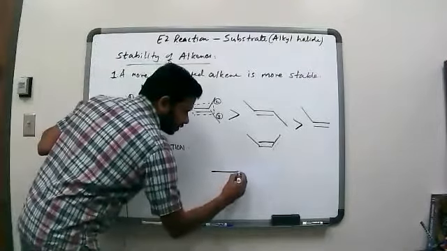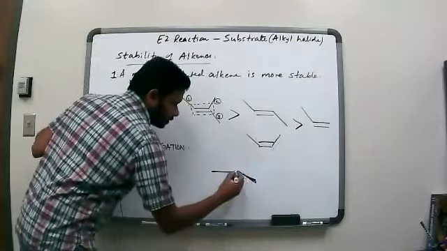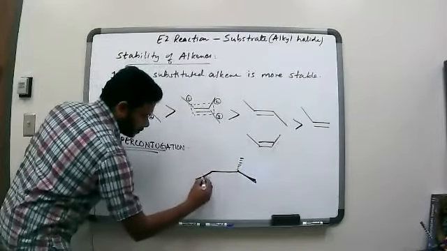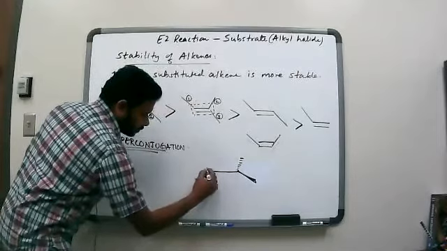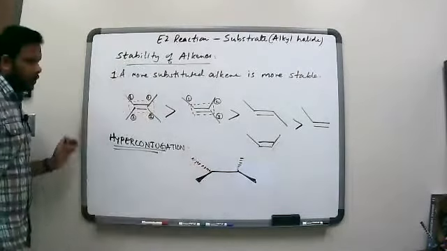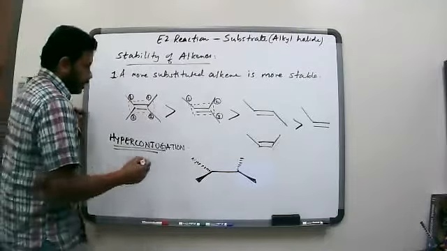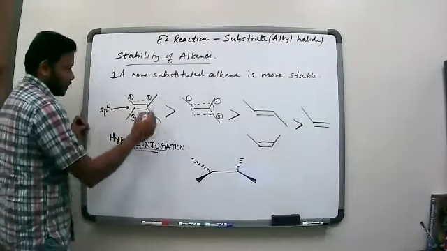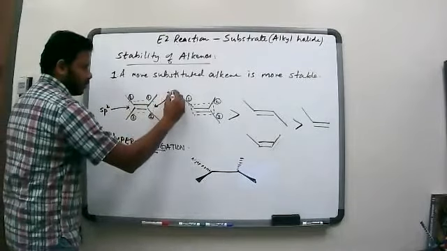So let's assume there's one substituent here, and the substituents going there. And realize that these carbons are sp2 hybridized, both of them.